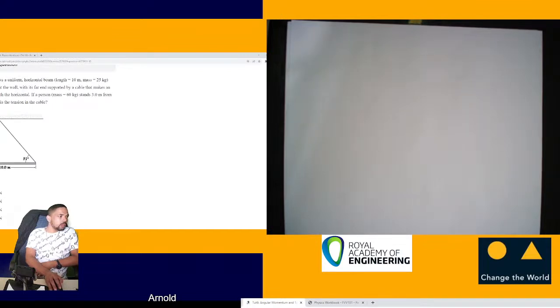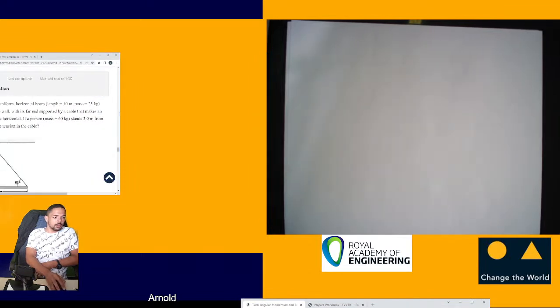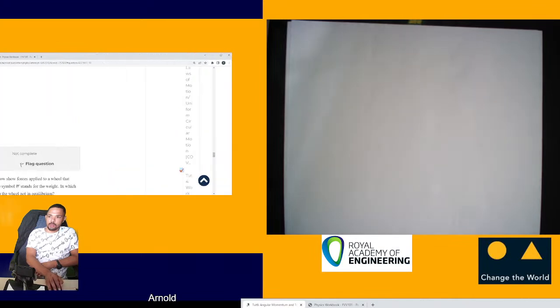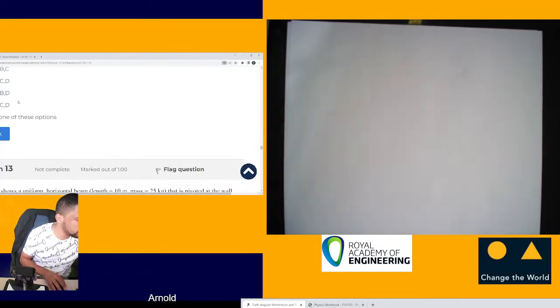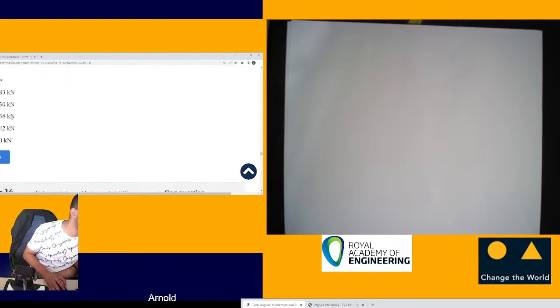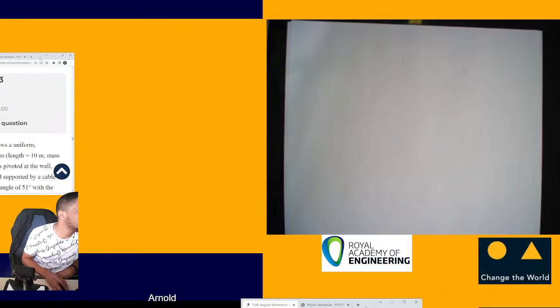Why is it doing this? I have no idea why it's doing this. Okay, question number 14. There seems to be a problem here. It's not showing the complete drawing.